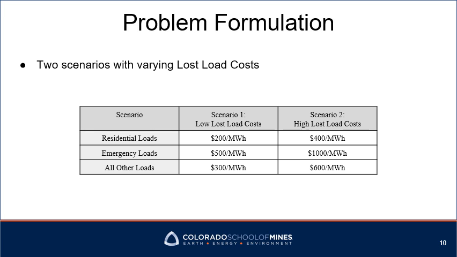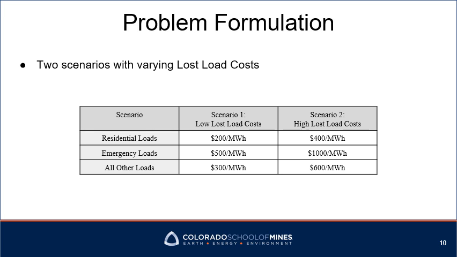We decided that the lowest cost would be for residential loads, the highest cost for emergency loads, which were the fire station and hospital, and then everything else was somewhere in between. I'll note that all of these lost load costs are higher than all of the generation costs, which were all on the order of $90 or $80 per megawatt hour. So we are incentivizing the system to use that generation so that you're not losing loads.